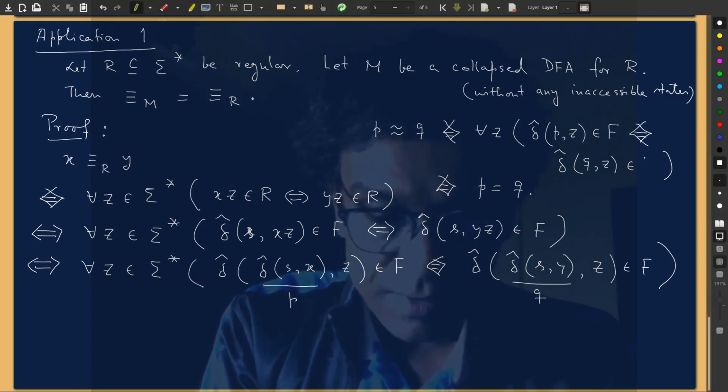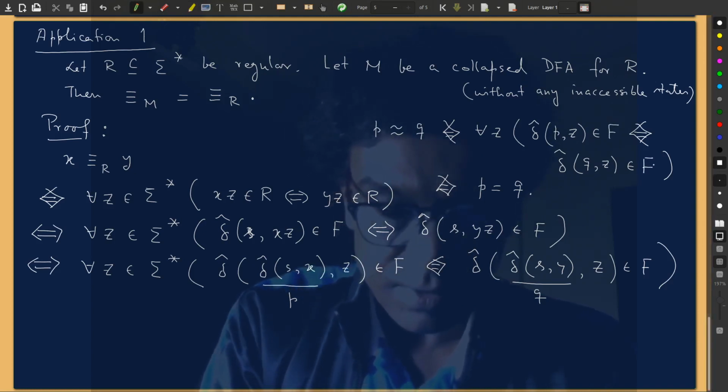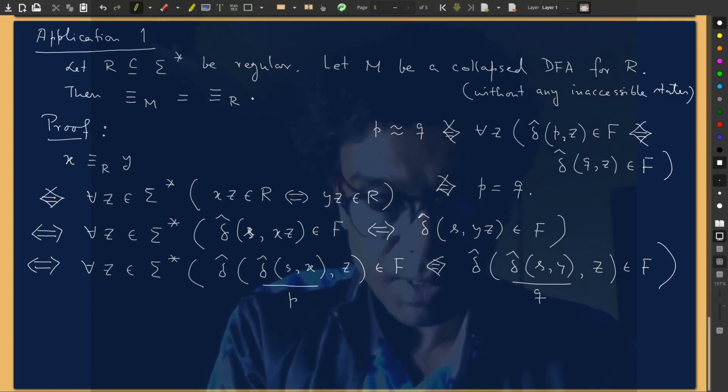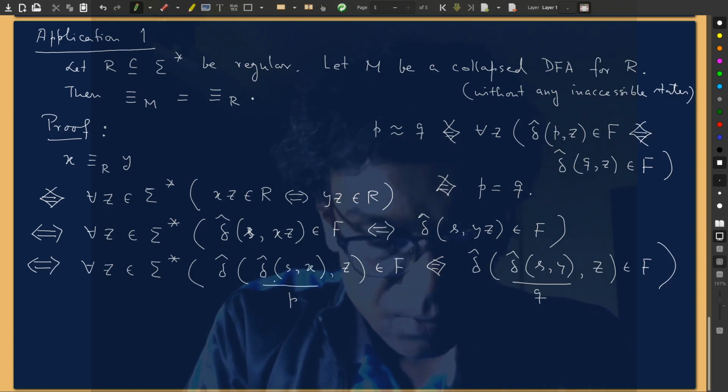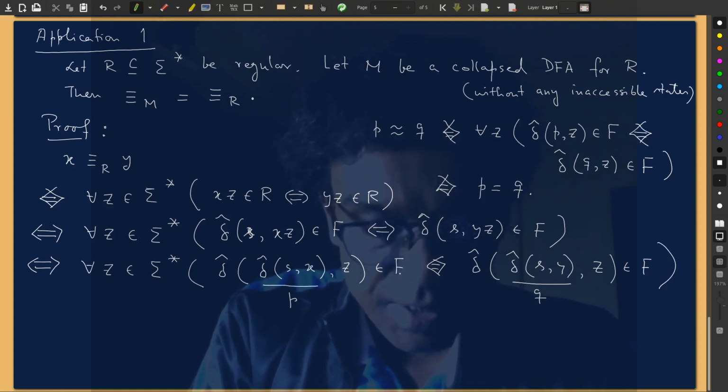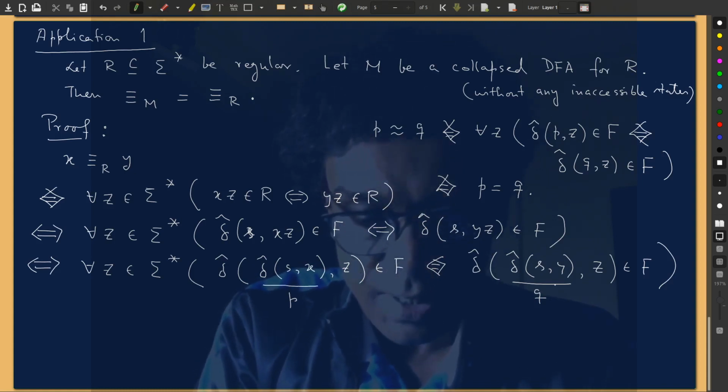This is a final state, if and only if this is a final state. This is how we have defined it. Okay, it makes no sense to write R here. Okay, so if I now use this, delta hat PZ is in F, if and only if delta hat QZ is in F.